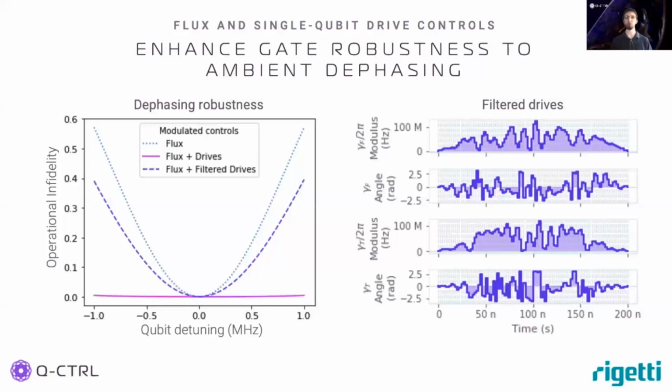Filtering the controls to produce smoother drives, as shown on the right-hand side, reduces the available control and thus reduces robustness to dephasing noise, depending on how much filtering is required. Here, very high-powered drives with maximum Rabi rate of 100 megahertz are applied, but the same effect can be shown for lower powers.